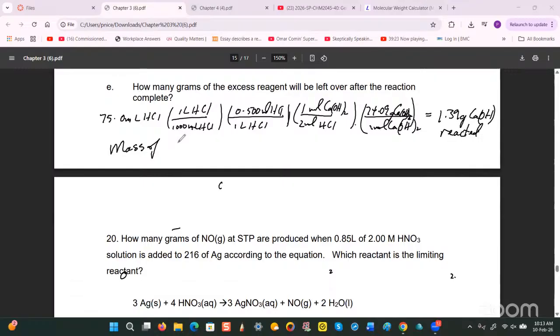So the mass of calcium hydroxide remaining would be 15.0 grams minus 1.39 grams. So let's see what I get. 15.0 minus 1.39. According to my calculation, this works out to be 13.6 grams. And that's how you do that.